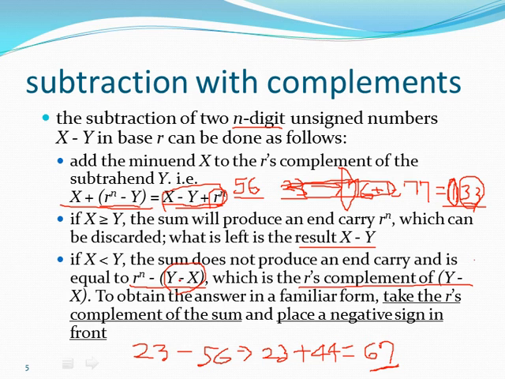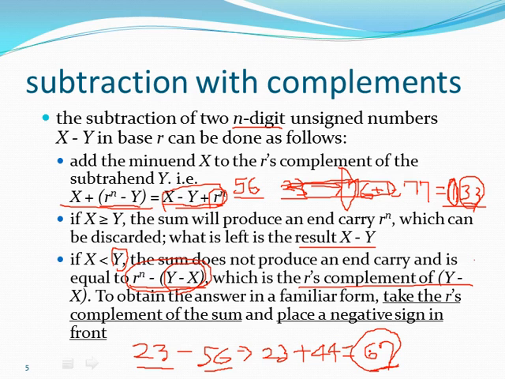Let me explain this one again. From this formula, what you can see is that if we add r's complement of y to x, where y is greater than x, then the result is r's complement of the difference of y and x. So in this example, 67 is tens complement of the difference of 56 and 23.